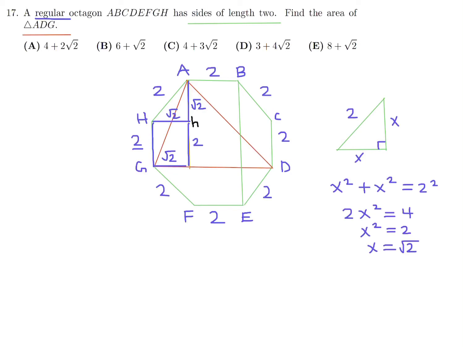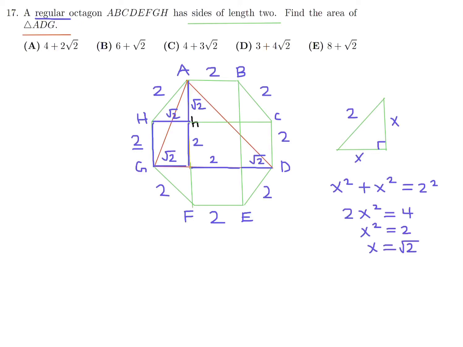I'll draw a line from there to there. And you'll see that in a very similar way, right here, this distance is also root 2, because you can do the exact same calculation on the other side. And then this distance is the same as this guy, 2. Sorry, it's not drawn to scale, but you understand.